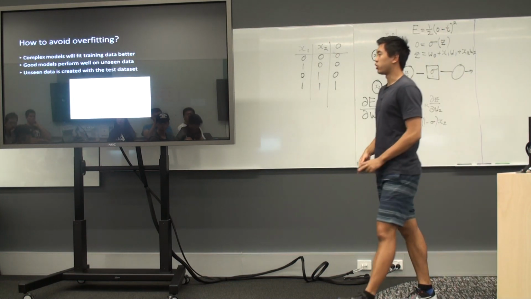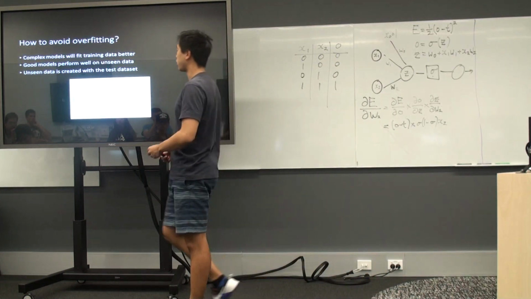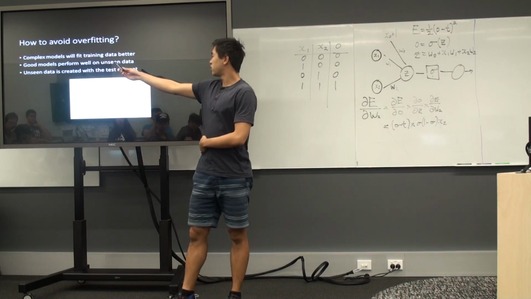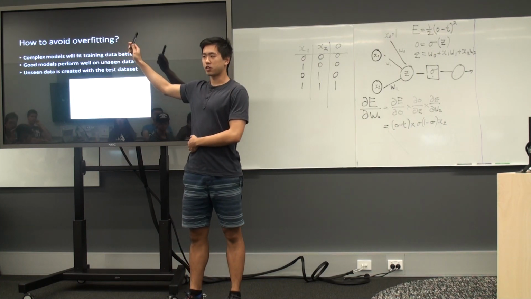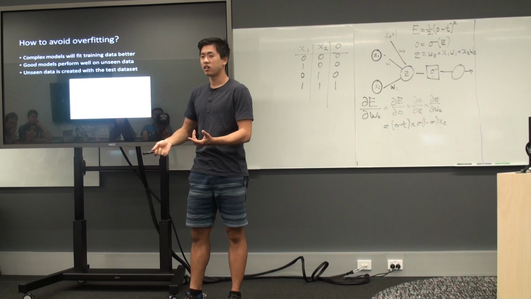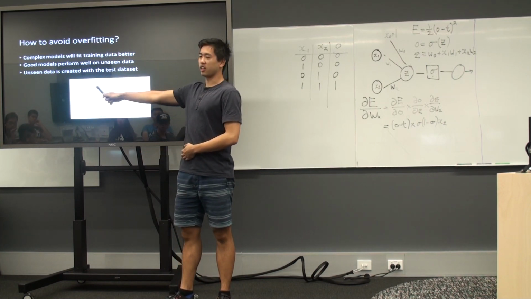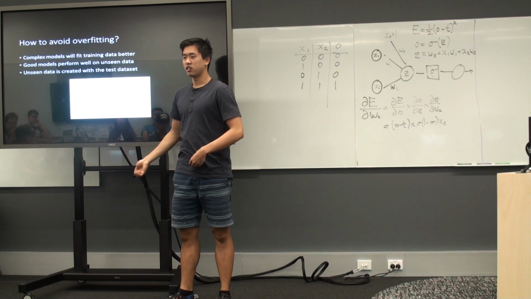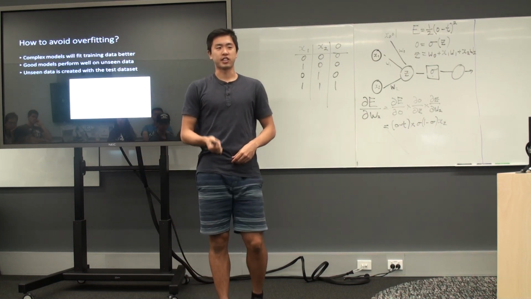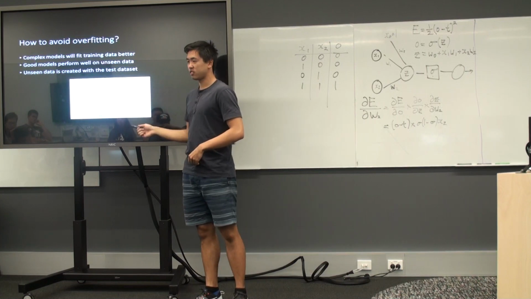So how do we avoid overfitting? Well, let's go through what we know already. Complex models will fit the training data better because there's more parameters you can tweak. Good models perform well on unseen data, and unseen data is the test set. So essentially, you want the model that does the best on the test set.